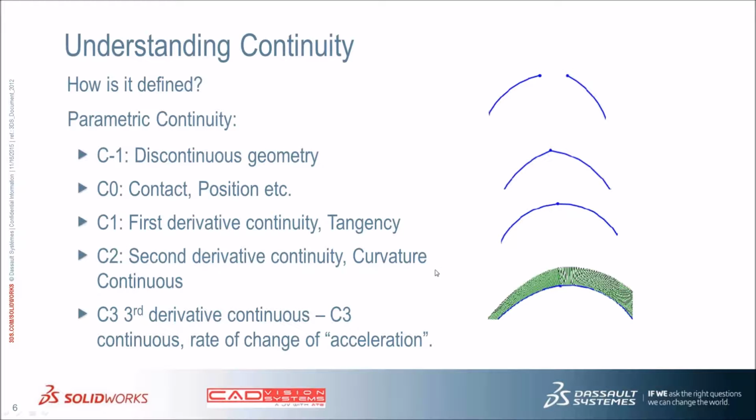Then we can add a further constraint, and that will lead to a C2 surface: second derivative continuity, curvature continuous. Of course, we could go on to C3, C4, etc. With C3 there is another constraint, the rate of change of acceleration, but most CAD software only reaches C2.